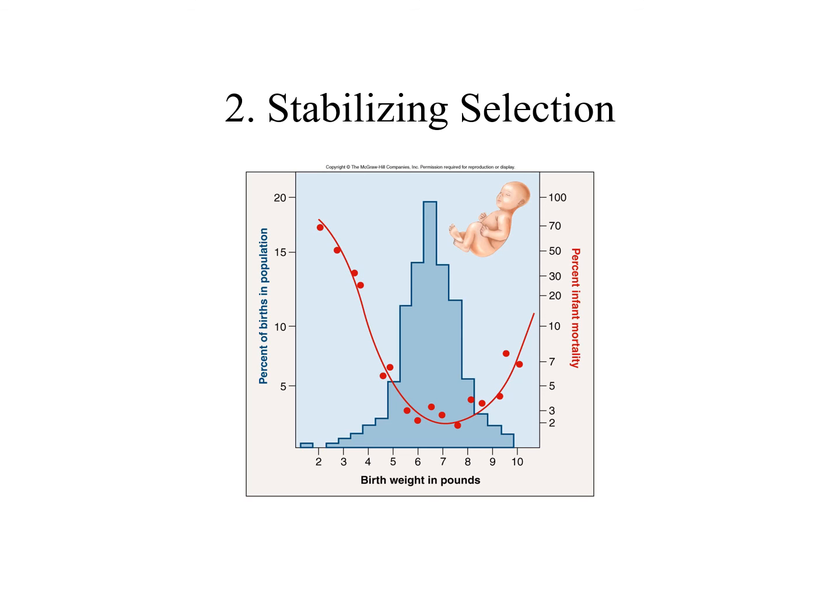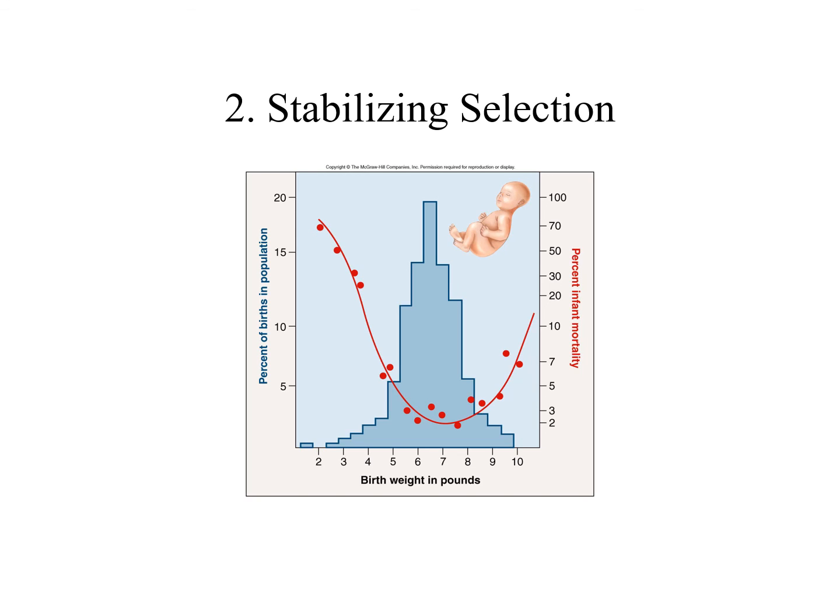So the first one might make more sense than the latter. Very low birth weight babies, their organ systems aren't as developed, their immune systems aren't as developed, they don't have reserves of fat and nutrients, and yeah, it makes sense that they would have a higher rate of death. So if it was genes that caused them to be small at birth, that would be selected against.